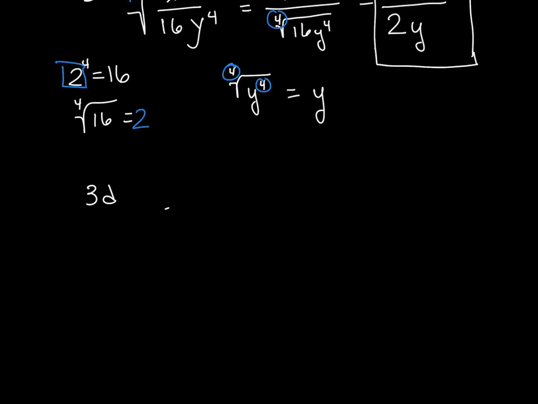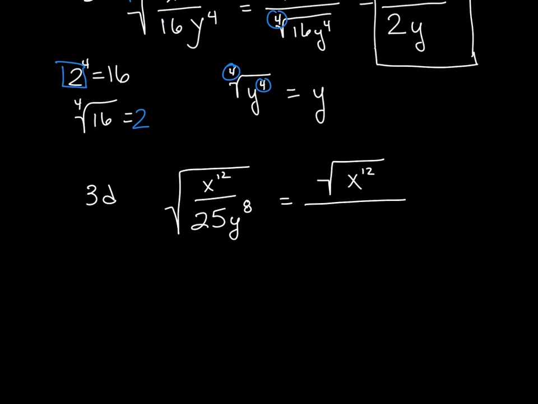3D says the square root of x to the 12 all over 25y to the 8th. So the first thing you do is go ahead and separate that into the numerator and denominator. So that's the square root of x to the 12 over the square root of 25y to the 8th. So the index here again is 2.